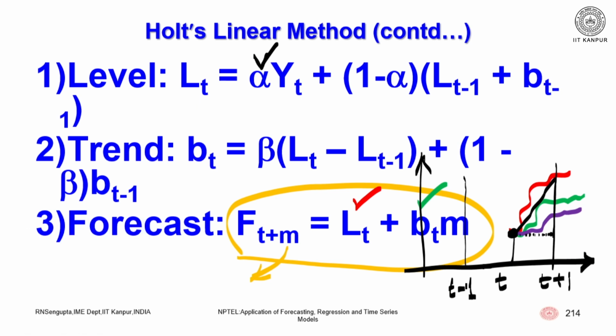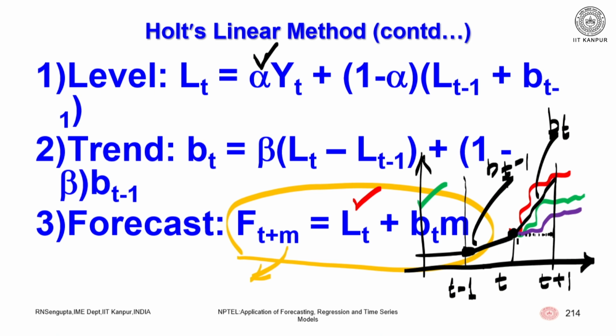So, I want to find out that starting at L t minus 1, from that position, what is the increase? This value is given by B t minus 1 and this value is given by B t, that means increase trend per unit time, remember.